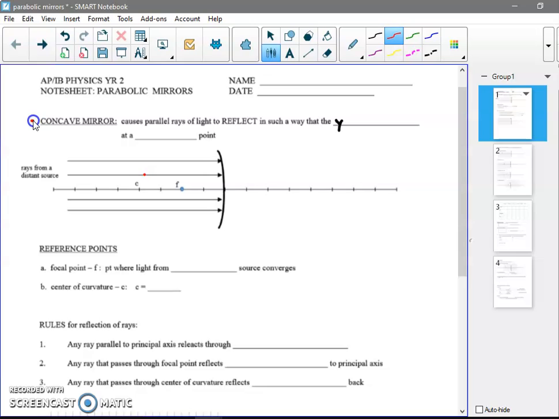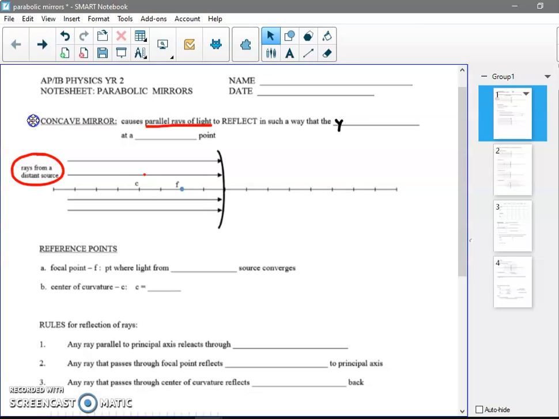So the basic rule of a concave mirror: if we look at parallel rays of light, and this is a fact you want to know, they generally come from distant sources. The sun is a prime example. The sun is so far away that by the time the rays of light reach the earth, they're essentially parallel, even though technically they're spreading out from the sun.